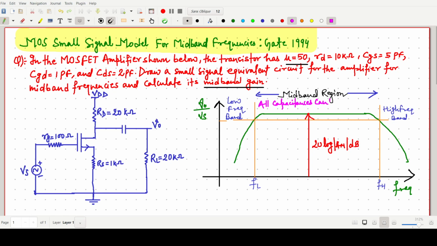In the midband region, we don't think about the capacitances.